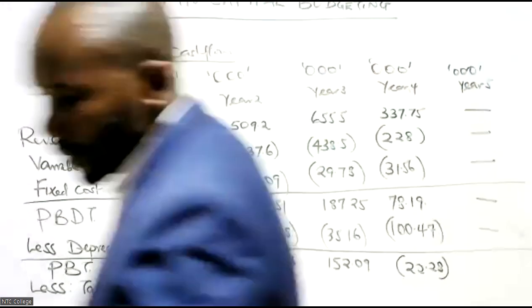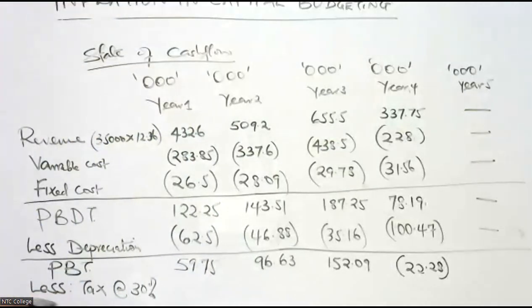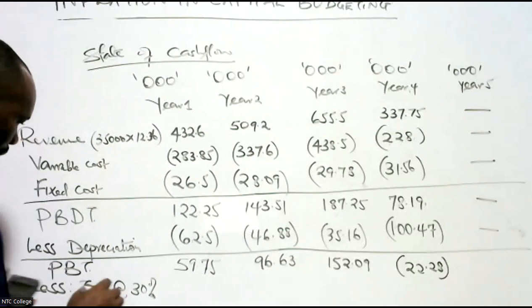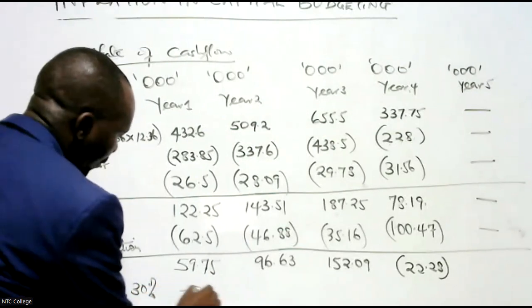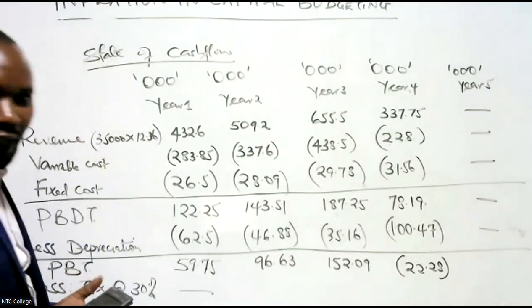So the tax, 30% of that. So for the first year we don't tax because it is in arrears.